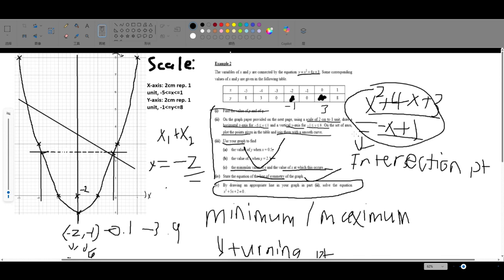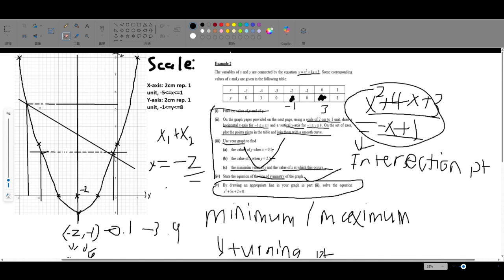In this case, I don't know how to plot, so I just plot a random line on here. Then you need to see which of the intersection points is where the two functions intersect each other. In this case, I have put a random line over here. So this is how you should find one of the intersection points.